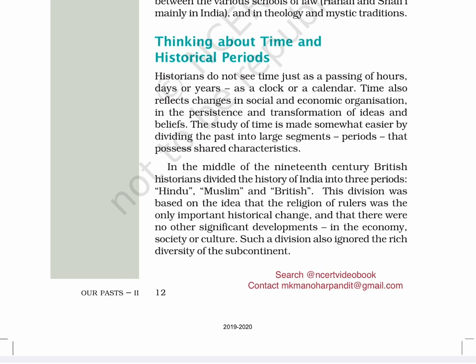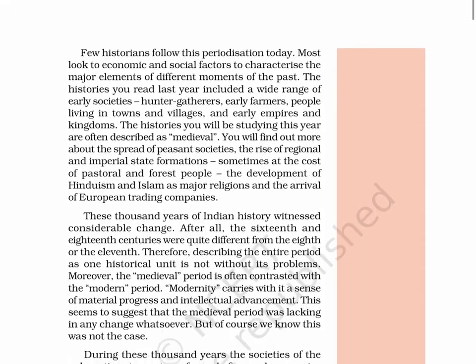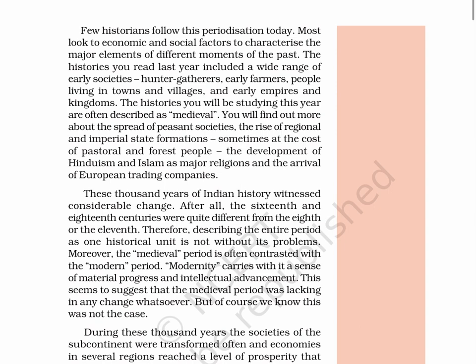This division was based on the idea that the religion of rulers was the only important historical change, and that there were no other significant developments in the economy, society, or culture. Such a division also ignored the rich diversity of the subcontinent. Page 13. Few historians follow this periodization today.